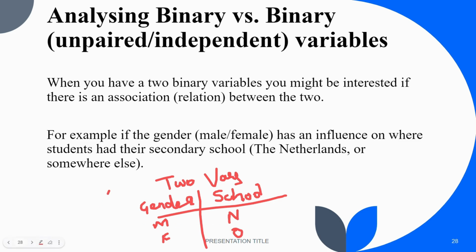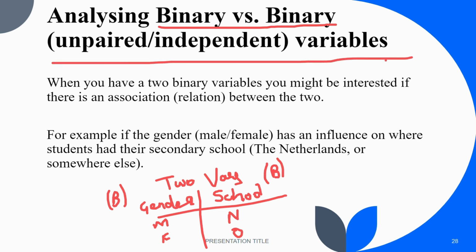So these are both binary variables as there are only two options. That is the reason the title is binary versus binary. Here we are talking about unpaired variables. We will see what is the meaning of unpaired in the next video.